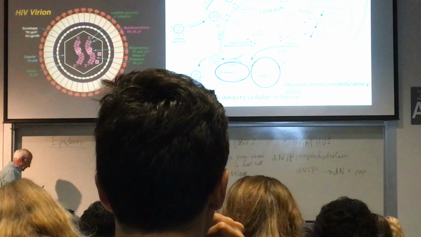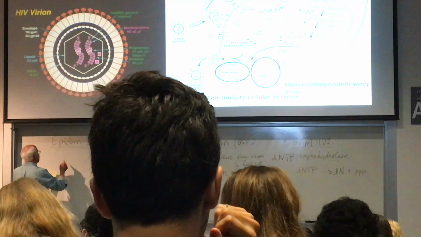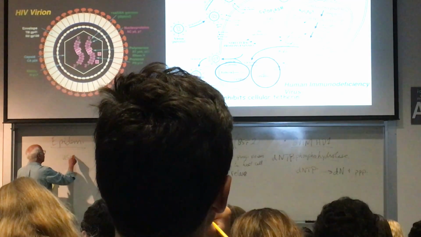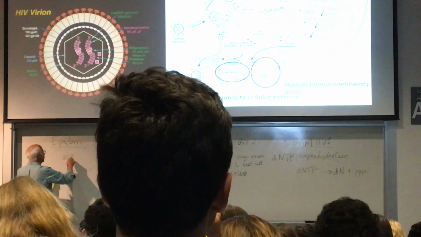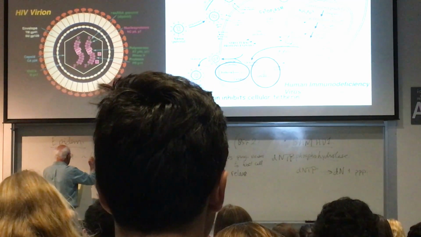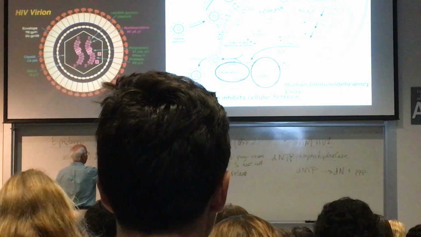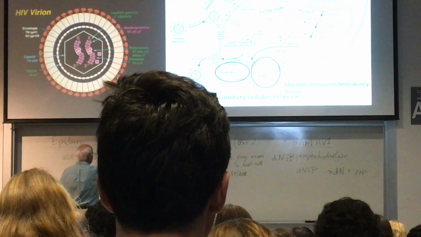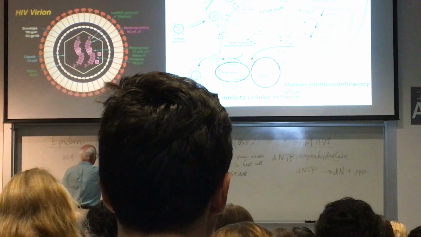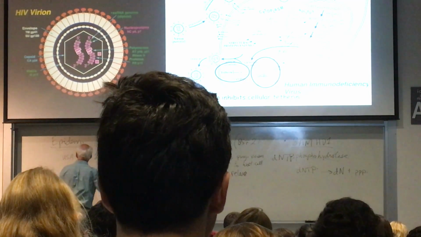it's estimated that in the US, there are in the order of 1.2 million people living that are infected with HIV.